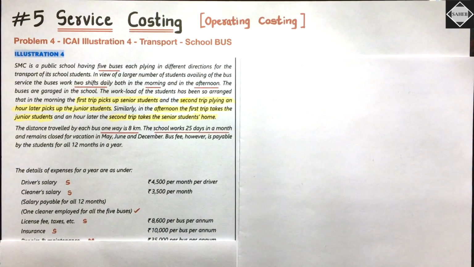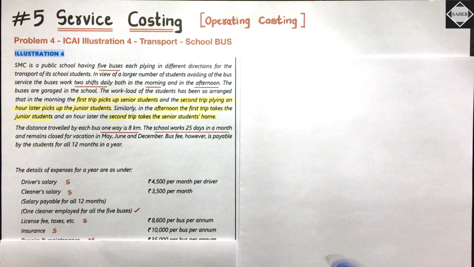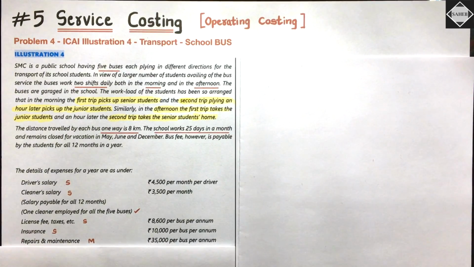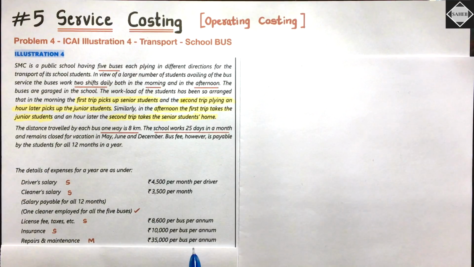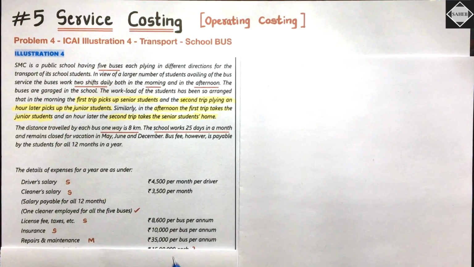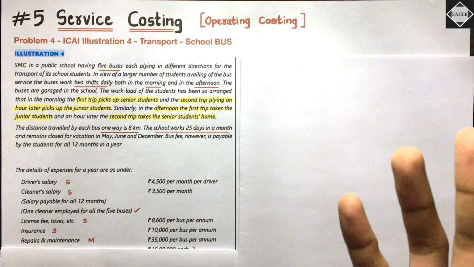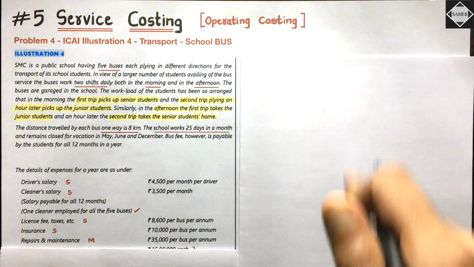Okay, you will see how it is done, so don't worry. Then they are saying insurance 10,000 per bus per annum, easy, right? Standing charge only. Then they are saying repair and maintenance charge, 35,000 per bus per annum. You will just copy paste it. Per bus it's given. You will think we have to multiply into 5. Yes, we have to multiply. In this question, the requirement is, I will show you it over here.